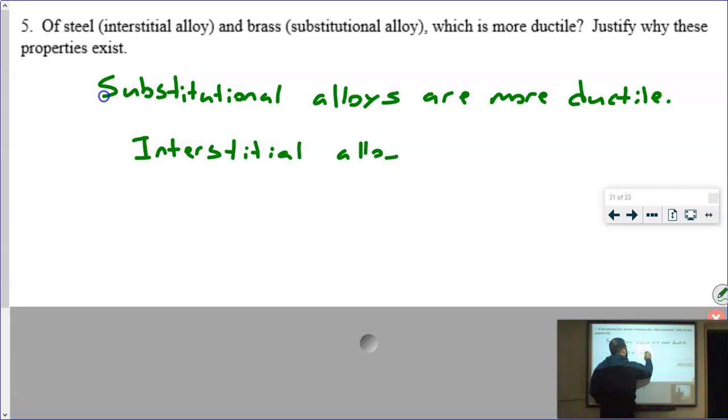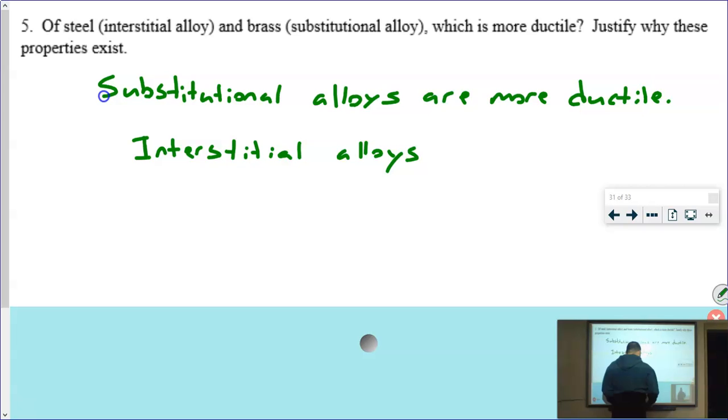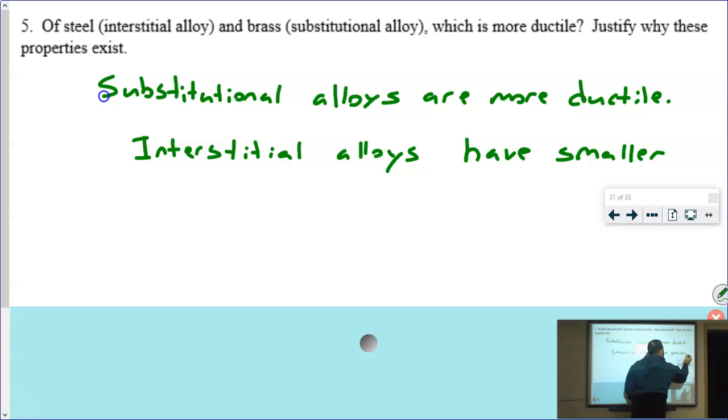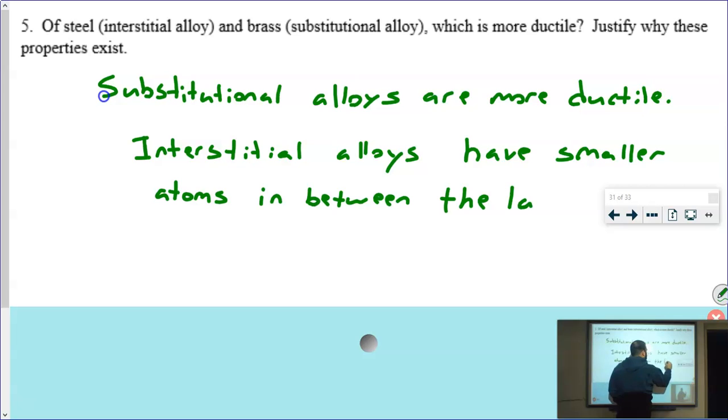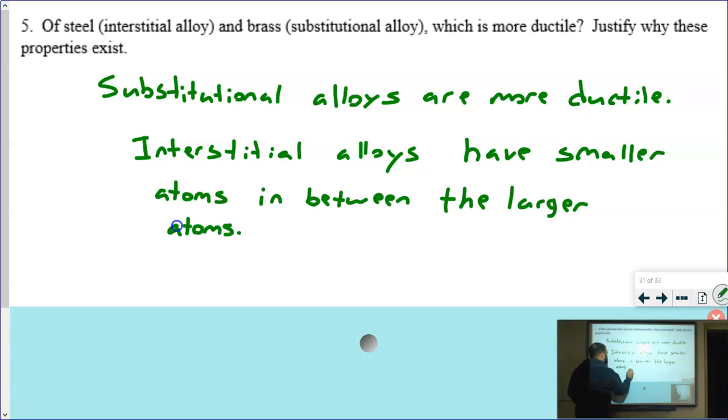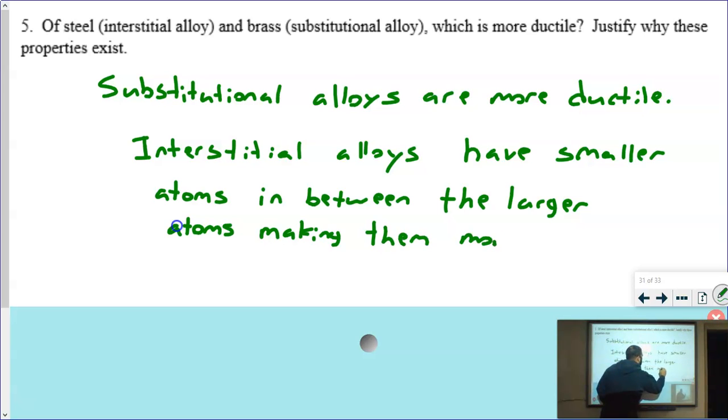Interstitial alloys have smaller atoms in between the larger atoms, making them more rigid.